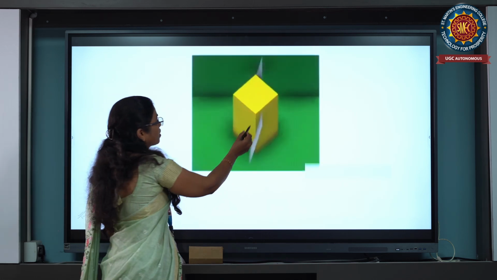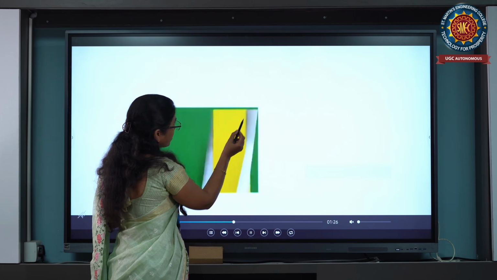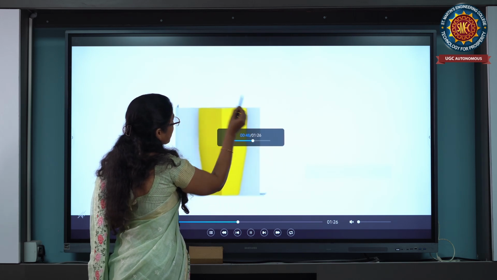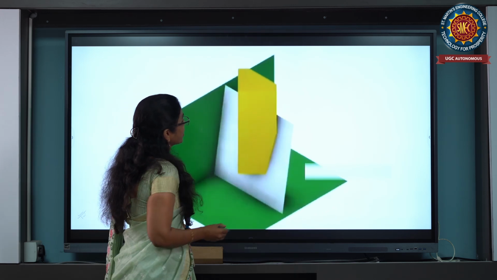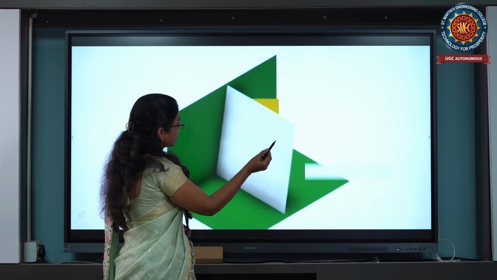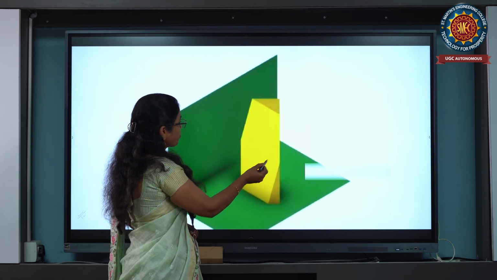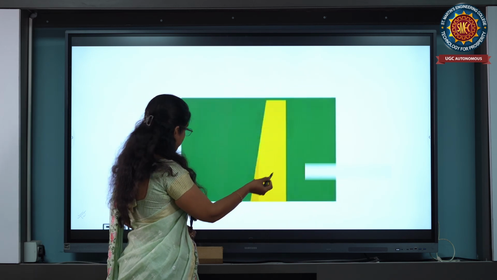You can see this one is a top view, this one is a front view. This is called an imaginary section plane. This is an auxiliary inclined plane. Using the auxiliary inclined plane, we draw its true shape, top view and front view in our problems.